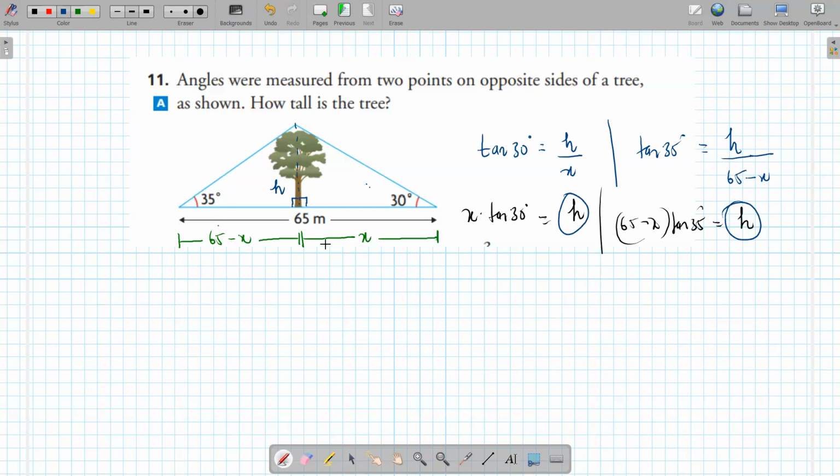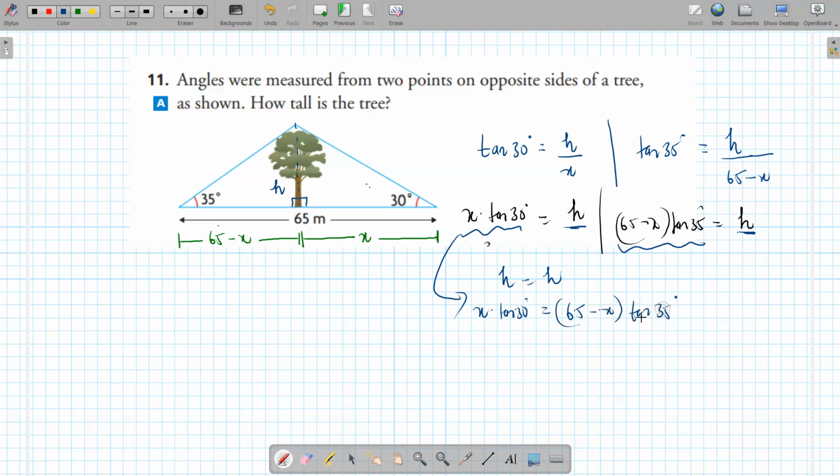They represent the same thing, the height of the tree. So this side of the equation must be equal to this side, which means X times tan 30 is equal to (65 minus X) times tan 35.